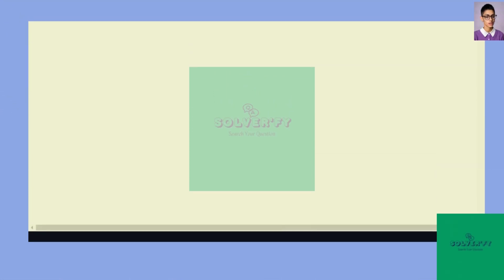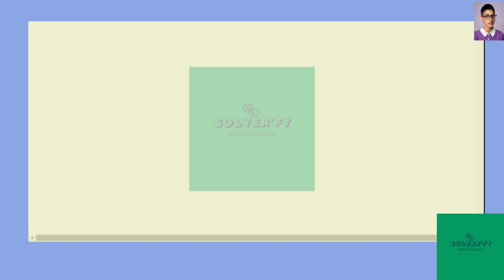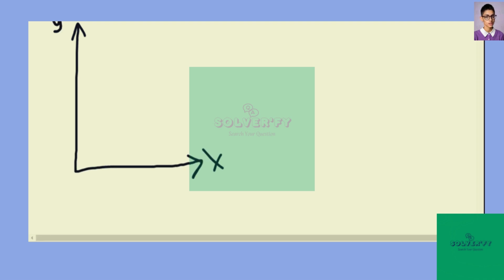We have a diagram that I'd like to draw. And we have point masses of equal mass, and they are all a distance L from each other.